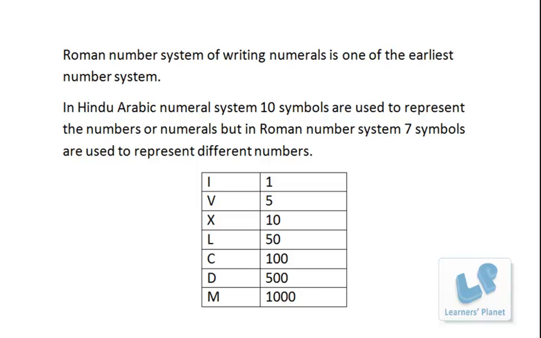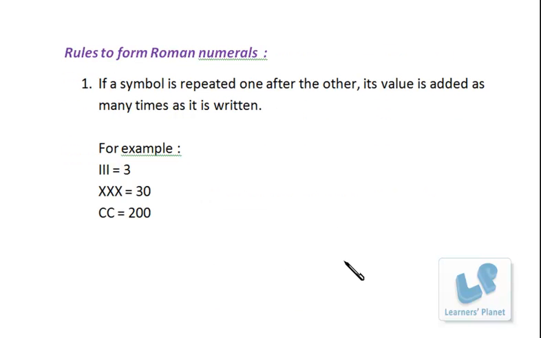Kids, we can form different Roman numbers using these 7 symbols, but we have to keep some rules in mind. So let's discuss these rules. The very first rule is, if a symbol is repeated one after the other, its value is added as many times as it is written. Here we can see 3 I's.